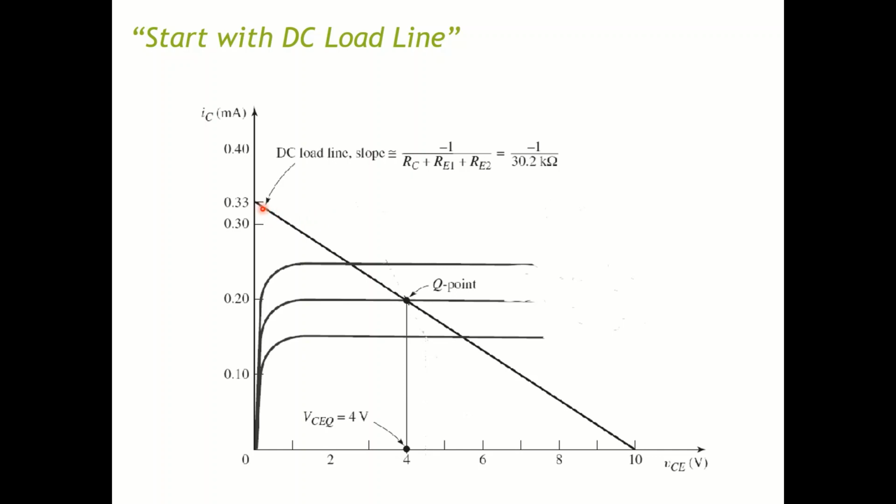Therefore, since you have the DC load line, you have the x-intercept at VCC. You can derive your own Q point, VCEQ equal 4, for example. Then you have the slope, so you can draw your load line on the IC versus VCE plot.